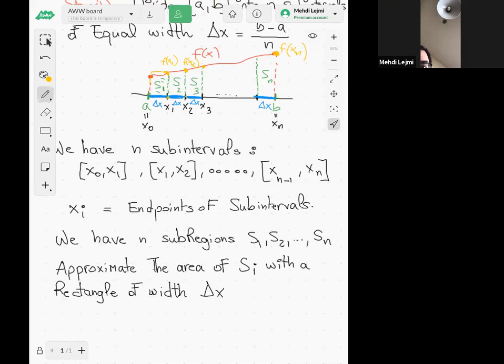Delta x times f of x2 would be the area of this rectangle, etc. These rectangles approximate our subregions, the area of our subregions Si.